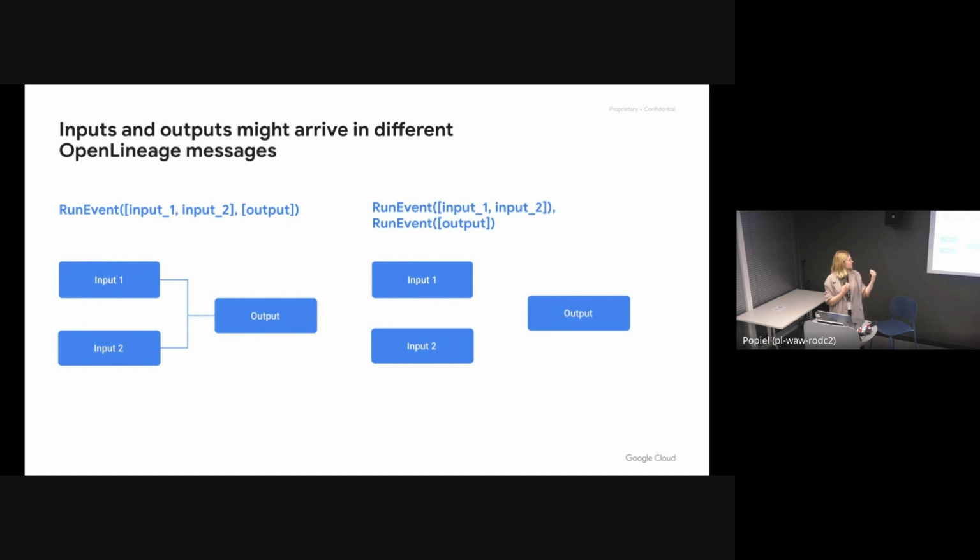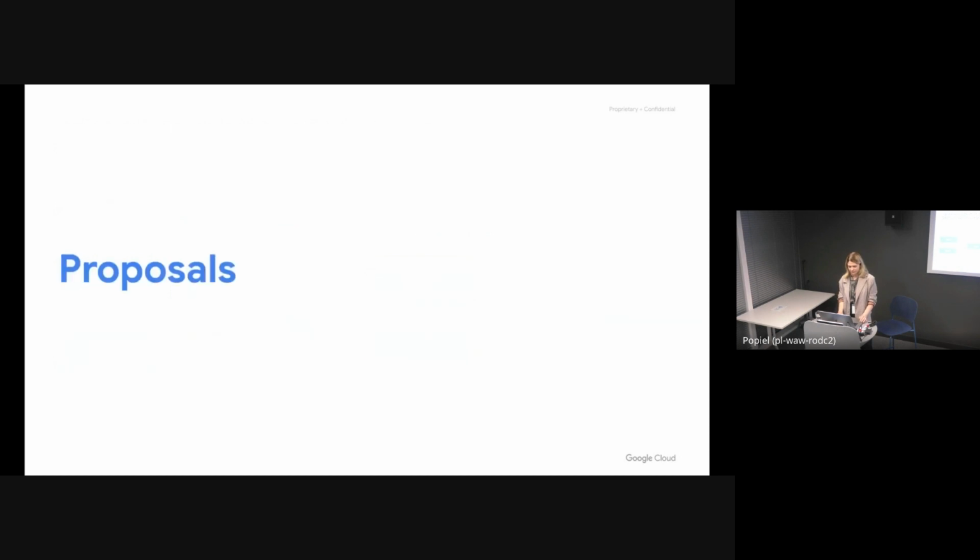In the first one, inputs are together with output, so we take the partition product and link them correctly. For the second one, with the current implementation, we would not be able to find the connection between them. So basically, this data is not ingested as a result. And that's all for now for challenges.